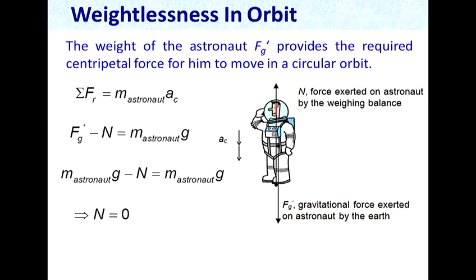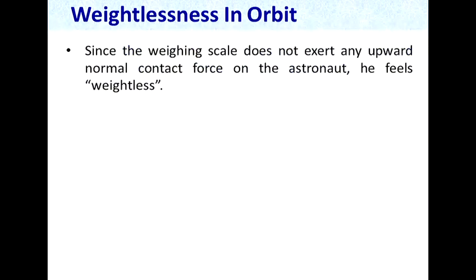The astronaut feels weightless. He feels weightless because there is no supporting force acting on him, no force to support his weight. But is his weight 0? Clearly no. If his weight is 0, there's no way he can move in orbit. There's no force to provide the centripetal force. So he feels weightless because the weighing scale does not exert any outward force on him.